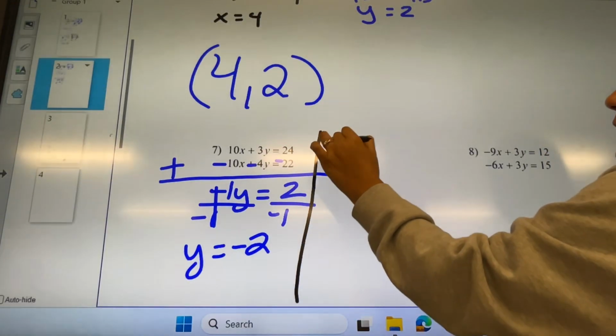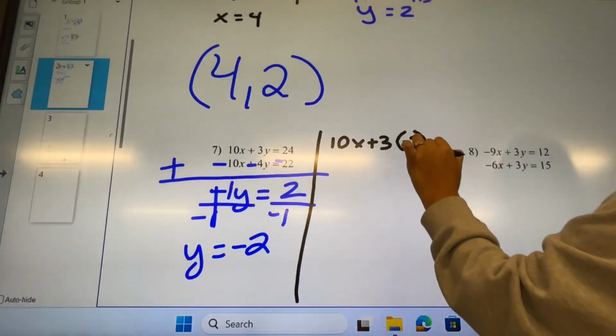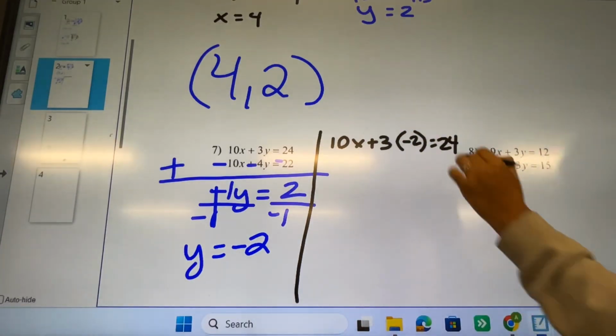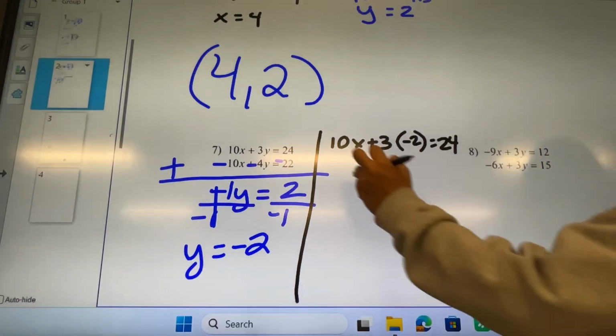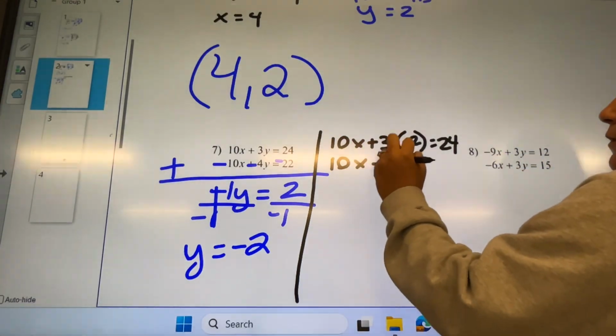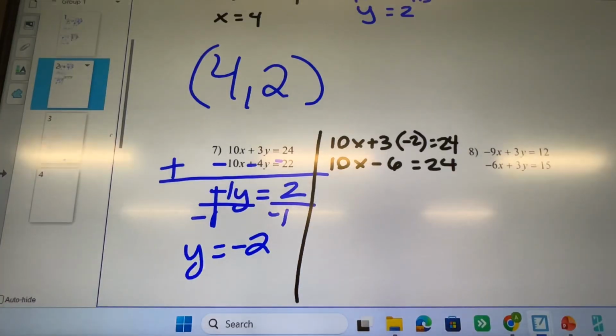So I got 10x plus 3 times -2 equals 24. Three times -2 is gonna be -6. Okay, and then we're gonna add 6 on both sides.